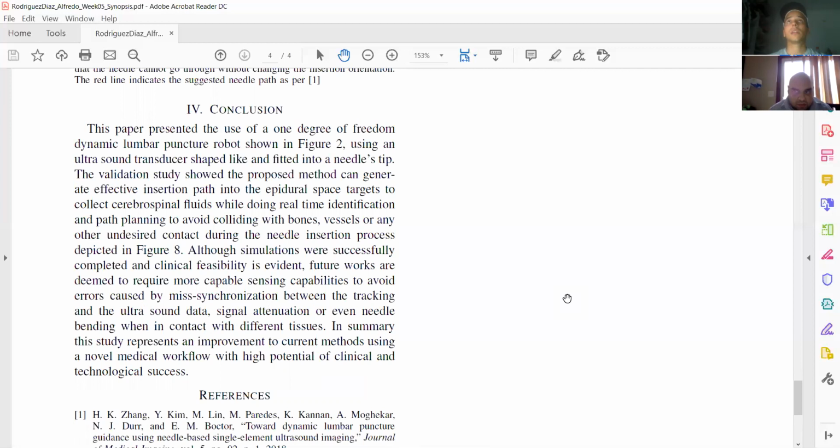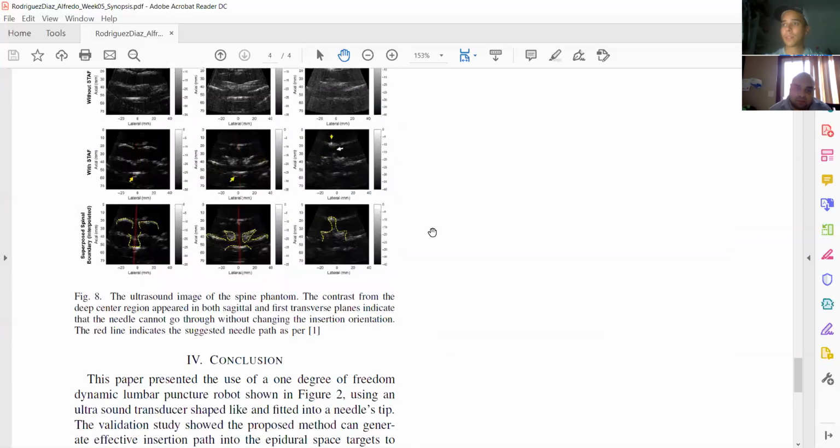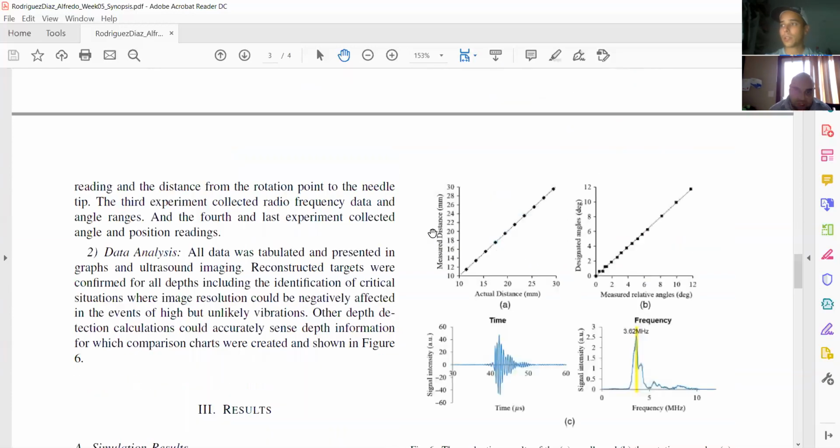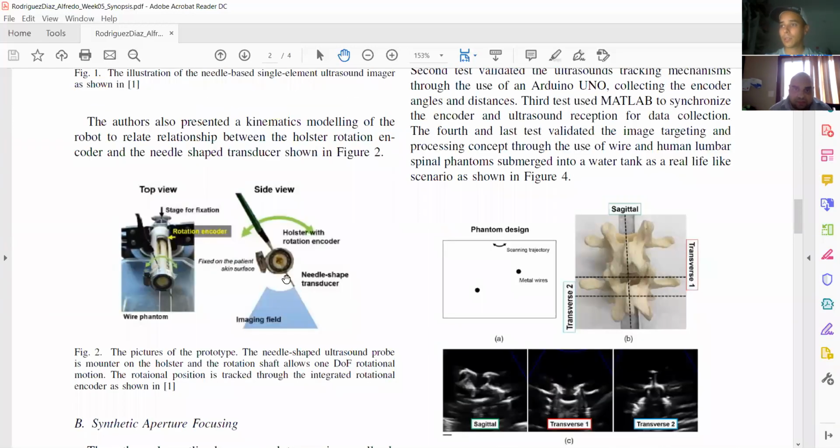So at the end, they have validated a very good approach, which is novel in regards to the way it is done today with other processes that are not as innovative as this one, because here they have created a needle-shaped type of encoder, which is what they are actually using as a needle. Here you will see it.